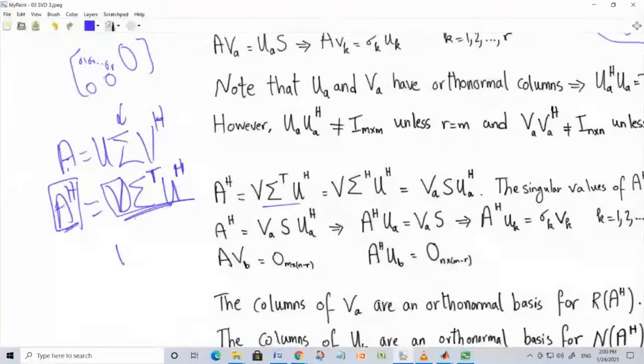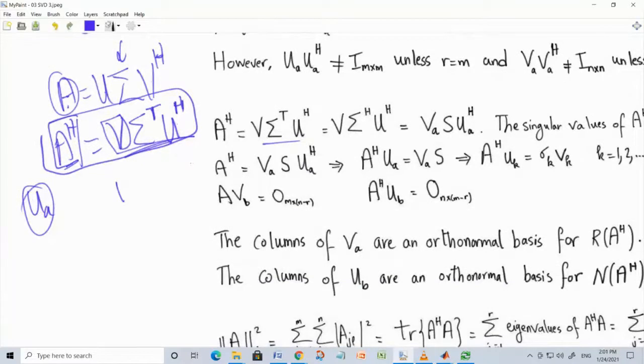For A, remember what we showed: the columns of UA constitute an orthonormal basis for the range of A, and the columns of VB are for the null space of A. So writing things down here, you don't need to redo things from scratch.